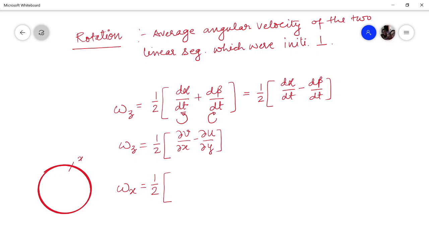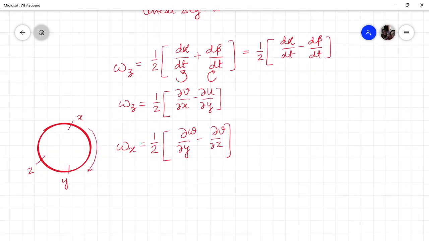Just remember, if this is x, this is y, and this is z, and you require x, then you move from x first to y, then to z. So the z velocity comes here, and the y velocity comes here. This is the rotation component in the x direction.